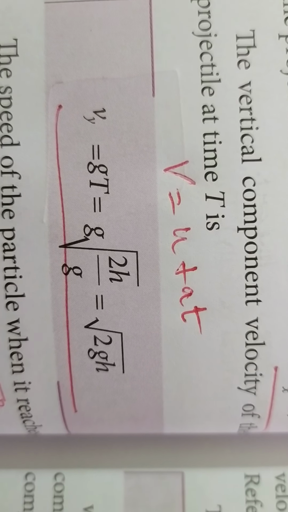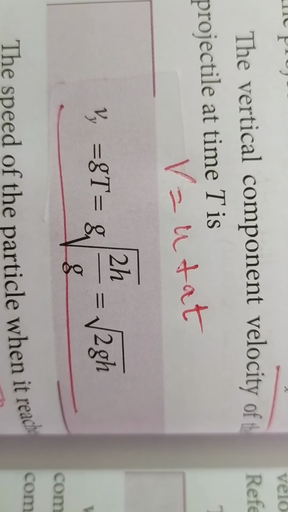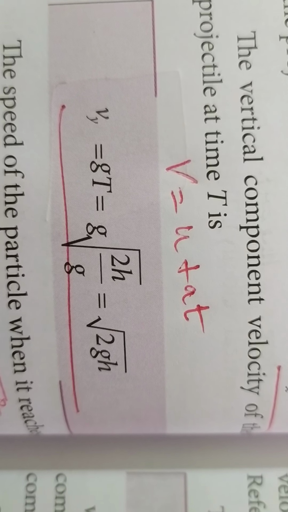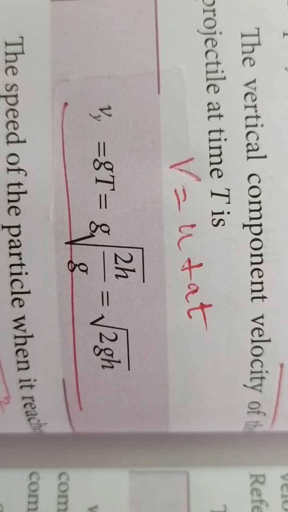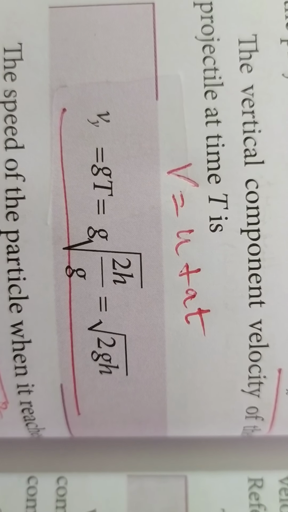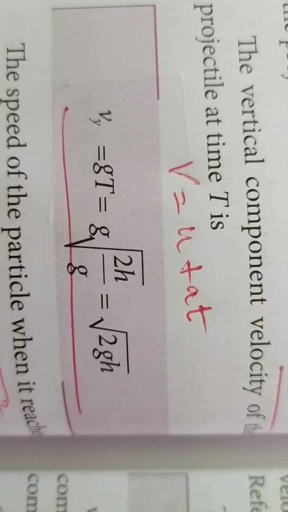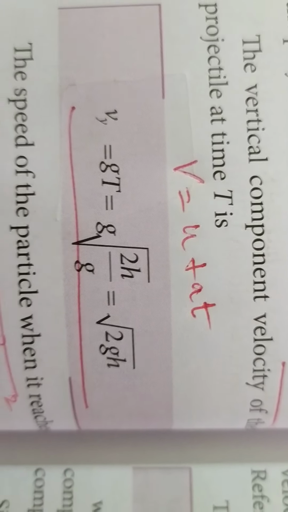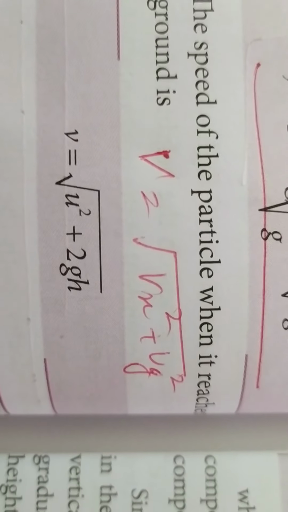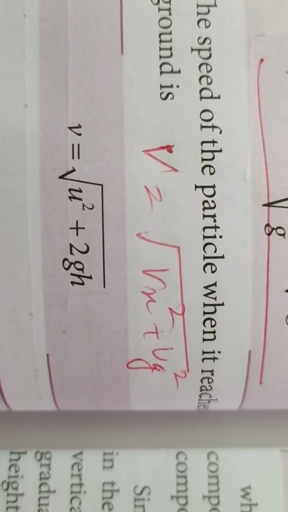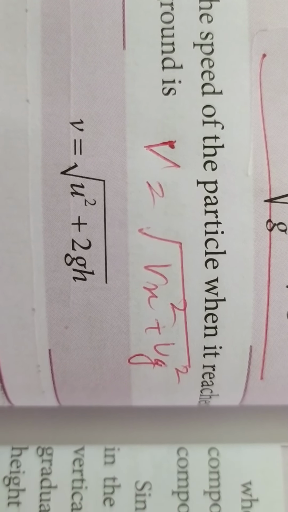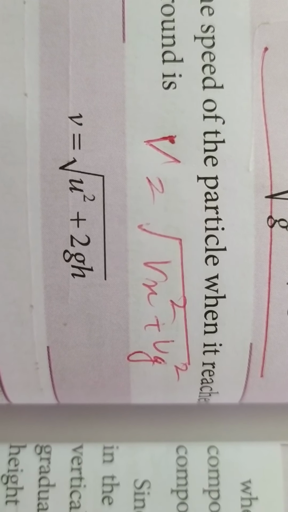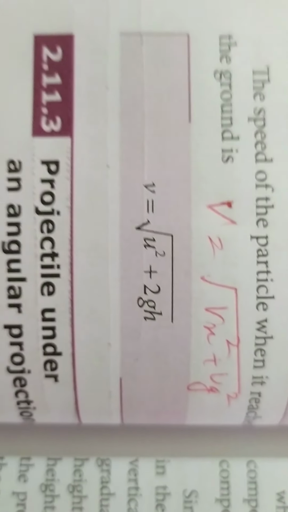So in the vertical direction, v_y is equal to g t, and substituting for t, you get square root of 2h by g. The g and the square root of g get cancelled, and within the square root you will get 2gh. The speed has the formula v is equal to square root of v_x square plus v_y square. Substituting for v_x and v_y, you will get v is equal to square root of u square plus 2gh.